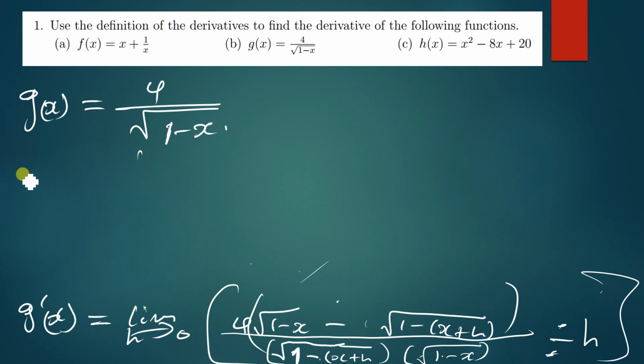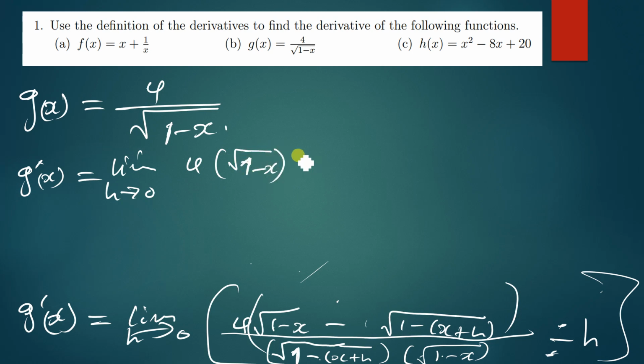So this means that we're going to have g prime of x being equal to the limit as h approaches 0 of 4 times the root of 1 minus x minus the root of 1 minus x plus h. So we find the conjugate of that.